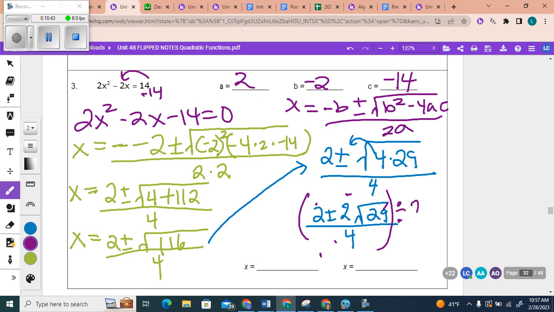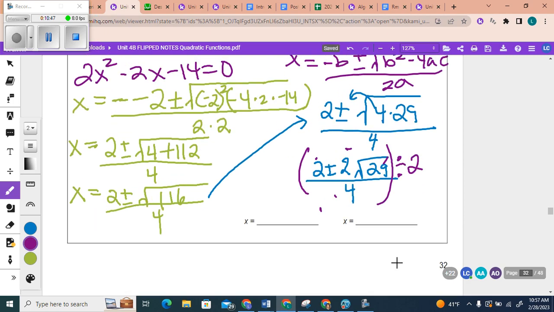So we're going to divide all of these by 2. Okay, so we have 1 plus or minus 1 root 29 all over 2. Now, this is where it's important. You can't just do it if you only have these 2, because you still have this square root over here over 4. All 3 of these need to have something you can divide by.